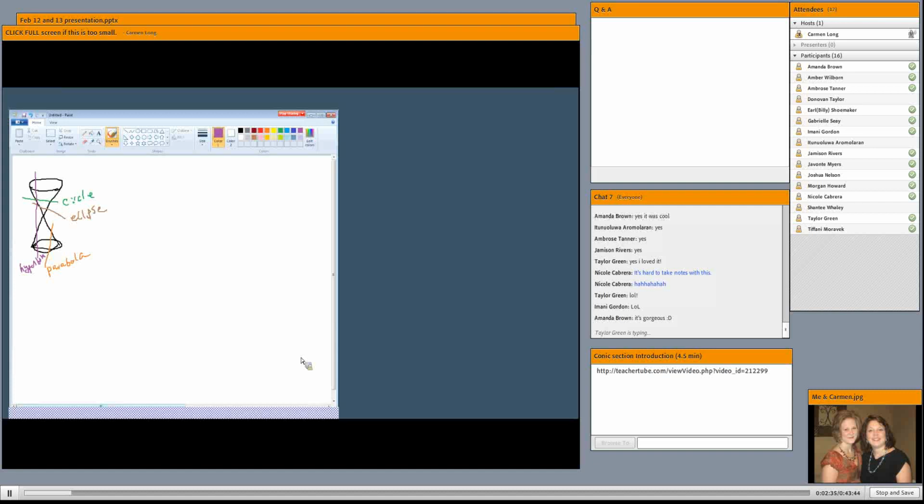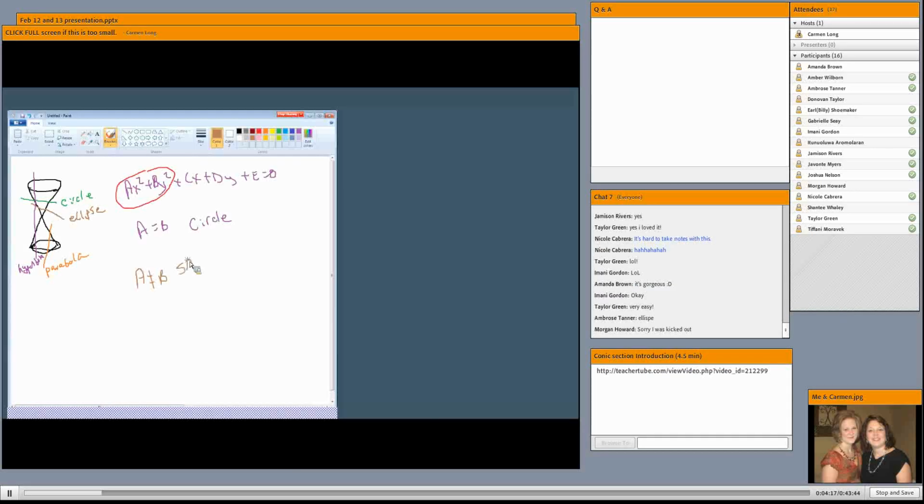If A is not equal to B, then it's an ellipse. Technically it should be the absolute value of the same number, but the same sign.